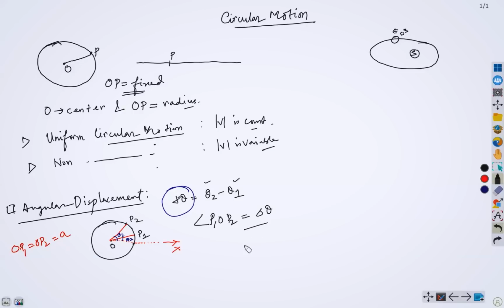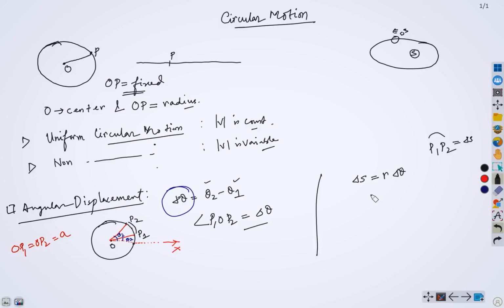You can show this, and it is not so difficult to prove, that from the concept of coordinate geometry, if the displacement is small, then you can write delta S equals R delta theta, where delta S is the length of this arc. Okay, so you know the length of arc is mentioned by this symbol. So this is our delta S. You can prove that delta S equals R times delta theta.